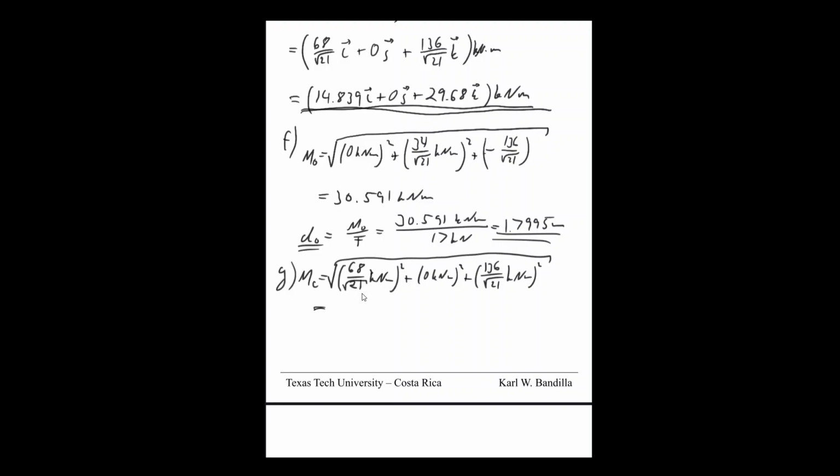And that gives me something very close, 33.181 kilonewton meters. So that means my DC is going to be MC over F, which is 33.181 kilonewton meters divided by 17 kilonewton, and that gives me 1.9518 meters.